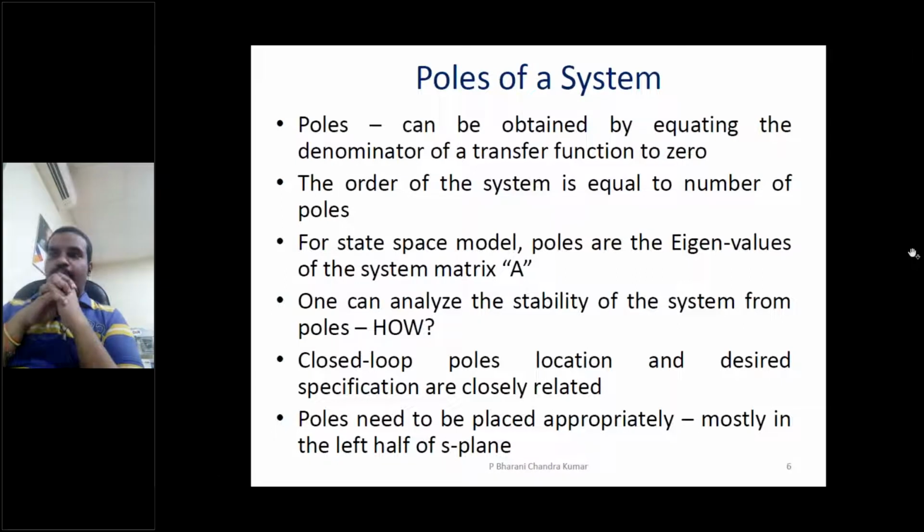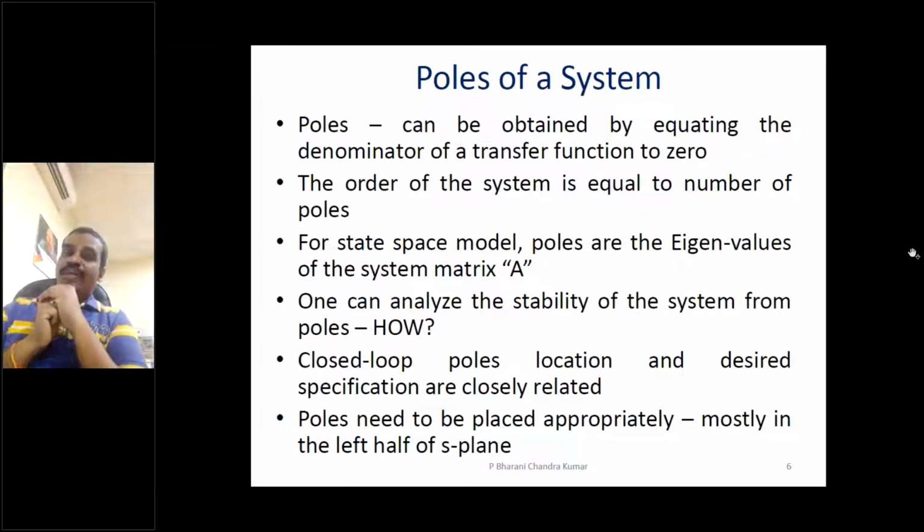So the closed loop pole locations and desired specifications are related. As I told you, if you want fast settling time and faster damping, you should place the poles farther from the imaginary axis. If the poles are near the origin, there is one more practical issue.